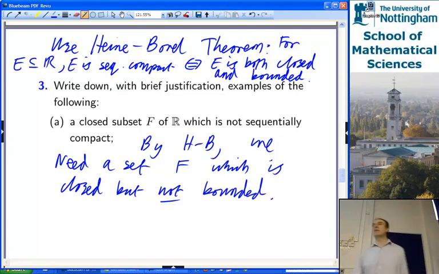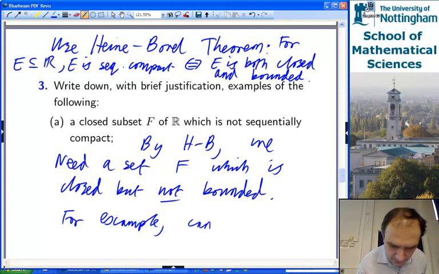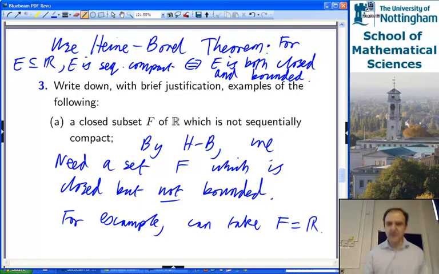I've seen various examples around, but you can just get away with using the whole real line. That's a standard unbounded and closed set.